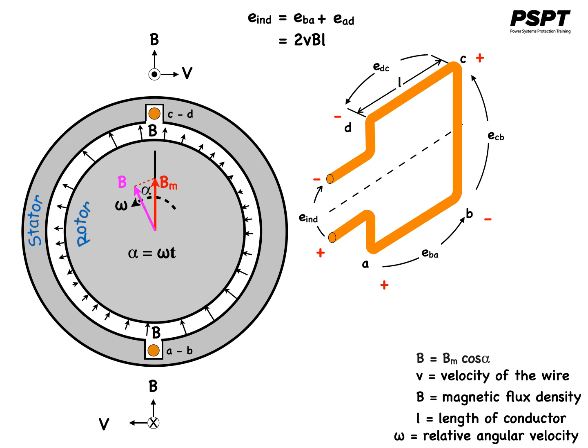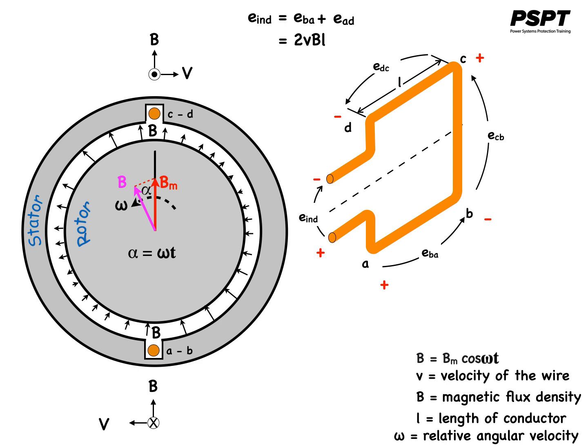Since the relative angular velocity of rotation is omega radians per second, then alpha will be omega times t, where t is time in seconds. It is also noted here that it is the relative angular velocity we're talking about, in radians per second. Therefore, B equal to Bm cos alpha can be rewritten as B is equal to Bm cos omega t.